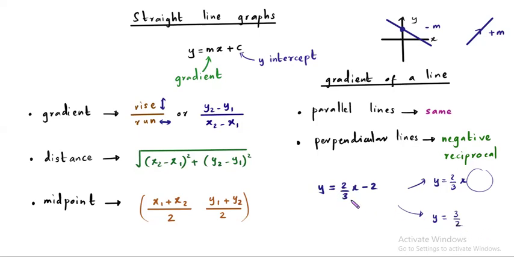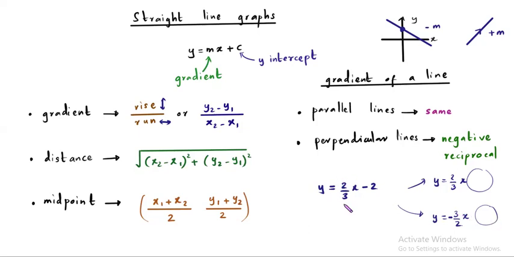The sign for 2/3 is positive, so I need to put the negative here. So I will have y = negative 3/2 x, and then the y-intercept. For the perpendicular line, the y-intercept depends on what point they have mentioned in the question. They will usually give you a coordinate point.